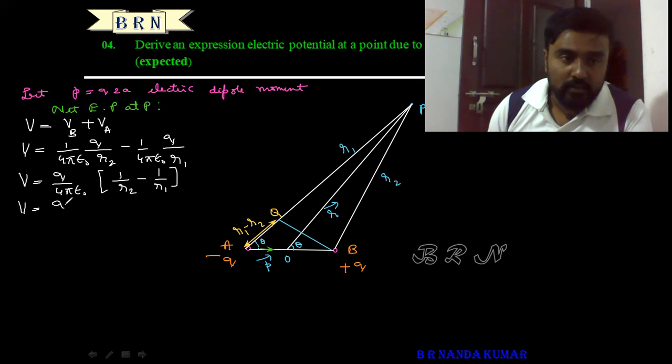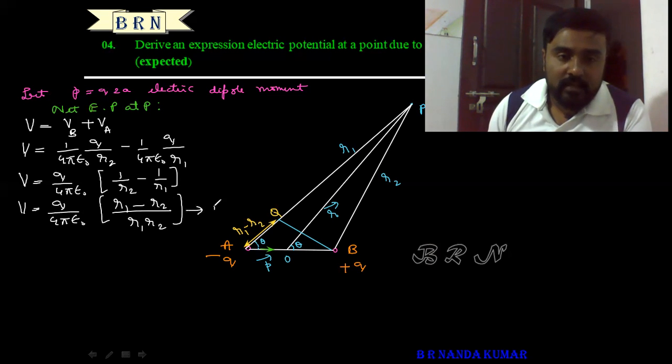So V equals Q divided by 4 pi epsilon naught. What is the LCM here? LCM is R1 into R2. So R2 cancels, R1 cancels, remaining R1 minus R2. Call this equation number 1.